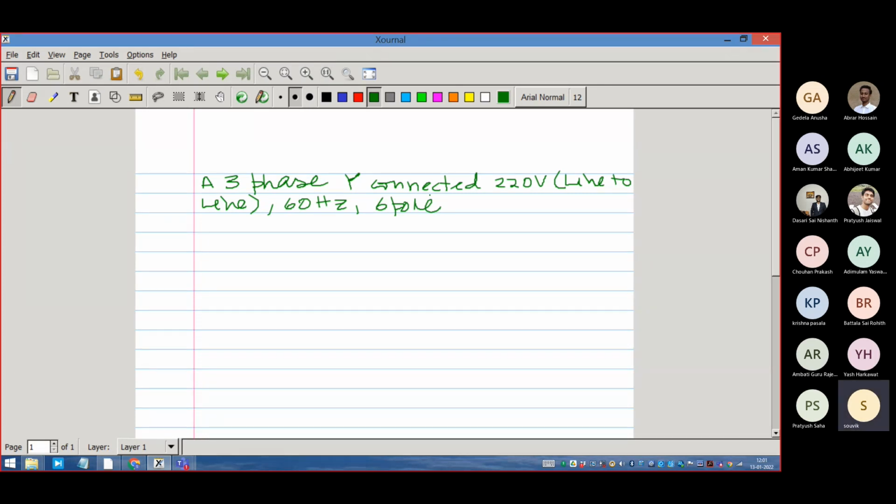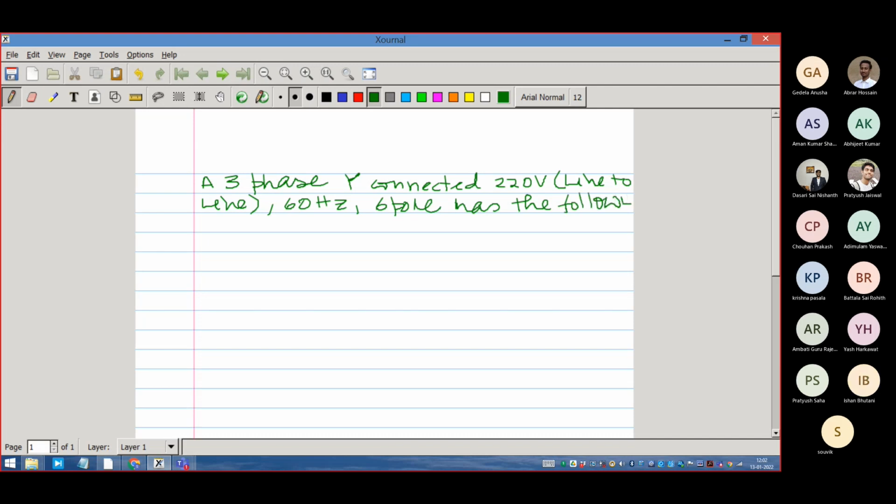The 6 pole machine has the following parameters, the following constants in ohms per phase with respect to the stator.